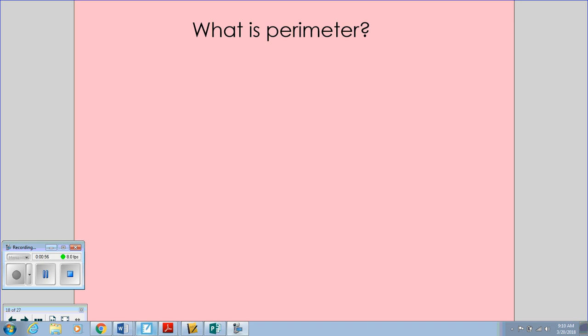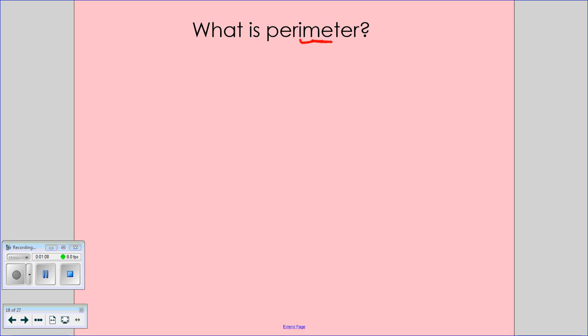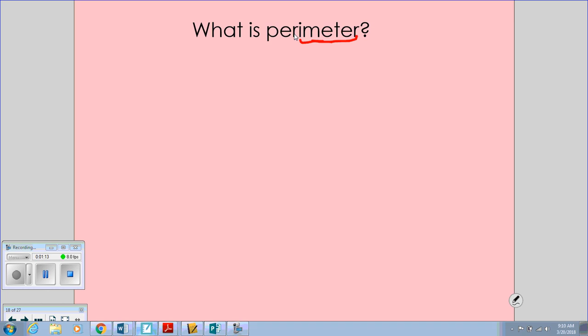Lucy? What is meter? A measuring word is in perimeter, and we have that word meter. Pretty cool. We know what meters are, yes? Meters are a unit of measure.